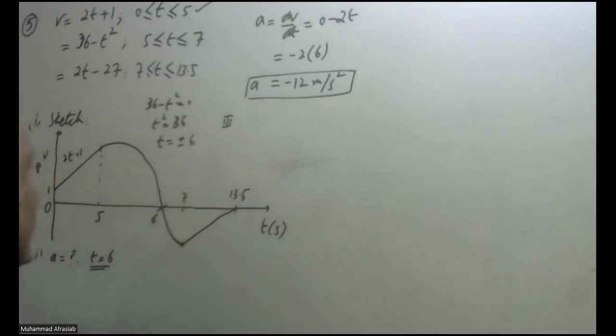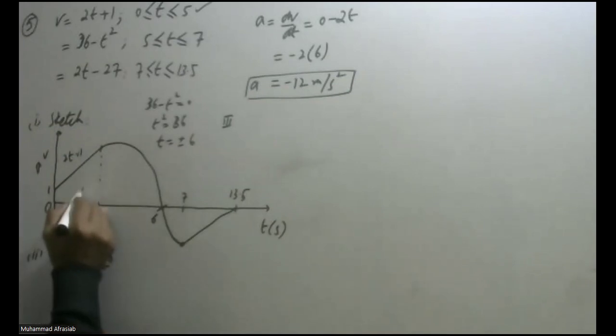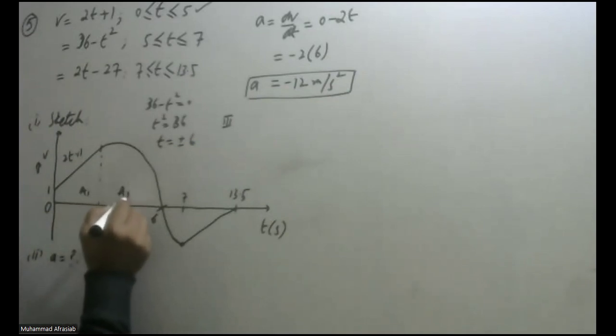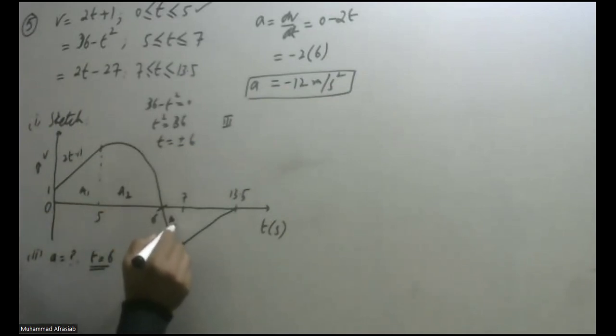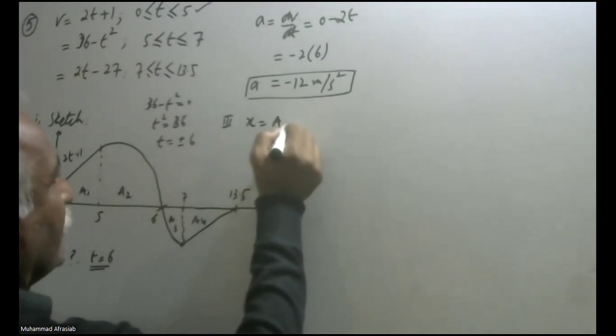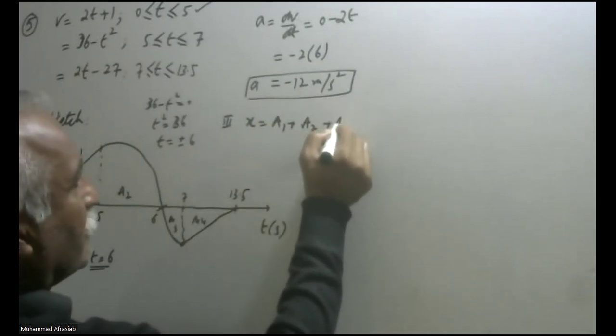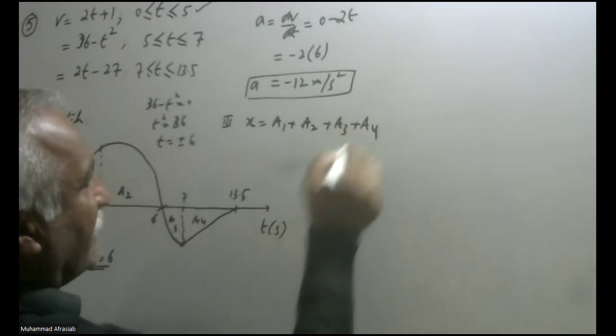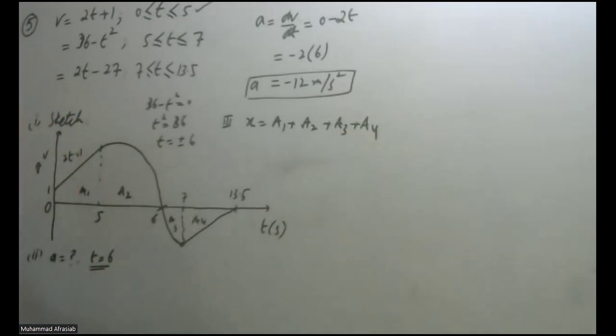In the third part, the total distance traveled by that particle from 0 to 13.5 seconds. So let's say this is A1, this is A2, this is A3, and this is A4. We are going to calculate the total area as A1 plus A2 plus A3 plus A4, or we can use integration for this part.